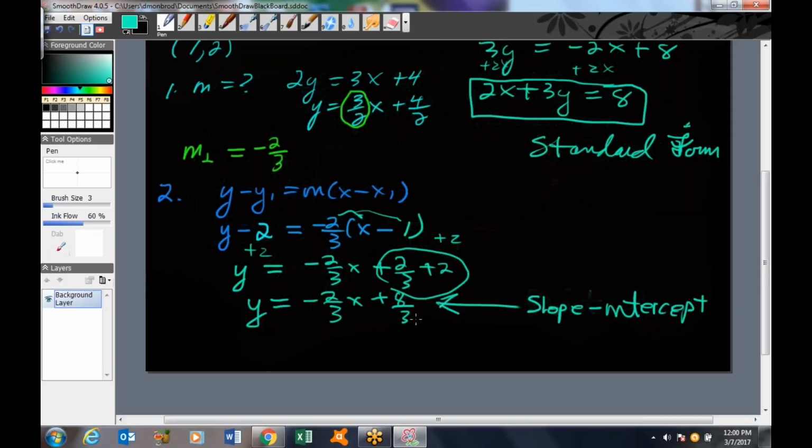Okay, that's what's meant by the slope-intercept form, because you can see the slope, which we call m, it's negative 2/3, and we can see the intercept, which we call b, which implies that we have this point (0, 8/3) as our y-intercept.